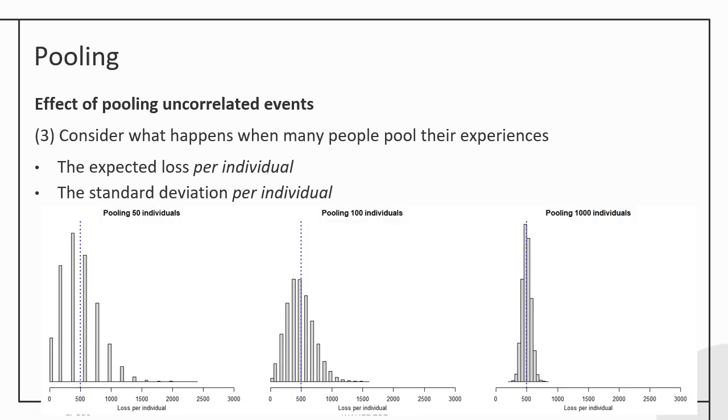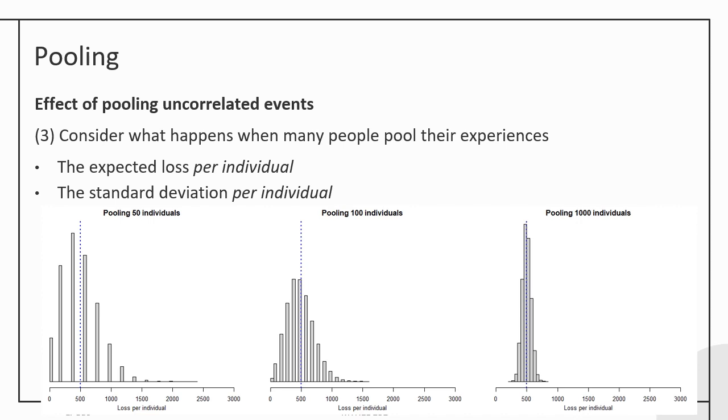And so here are the distributions for each individual's pooled and shared losses with more and more independent individuals as they join the pool from left to right. For example, we can consider pooling 50 individuals or 100 individuals or 1,000 individuals. What does the distribution of one individual's losses look like with the pooling and sharing? These three graphs all have the exact same x-axis, so we can easily compare the distributions.